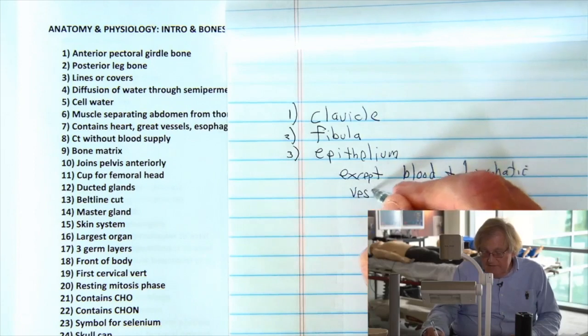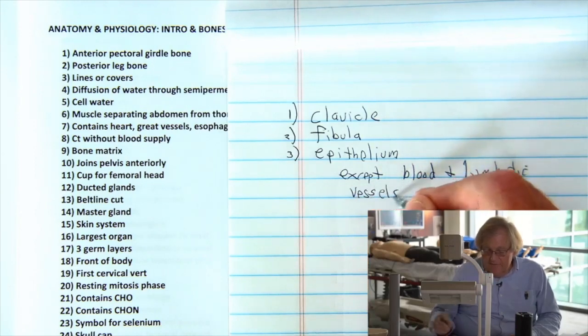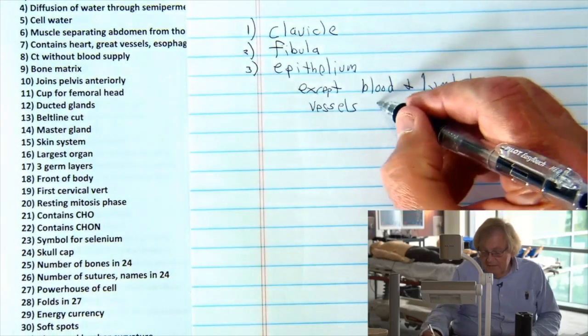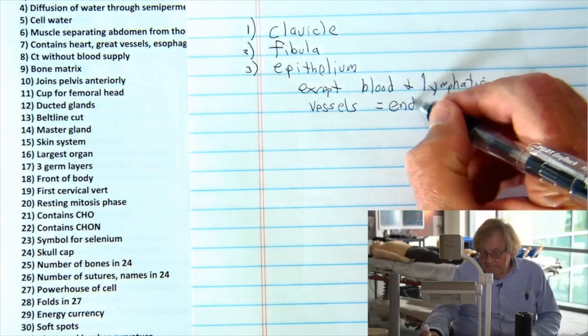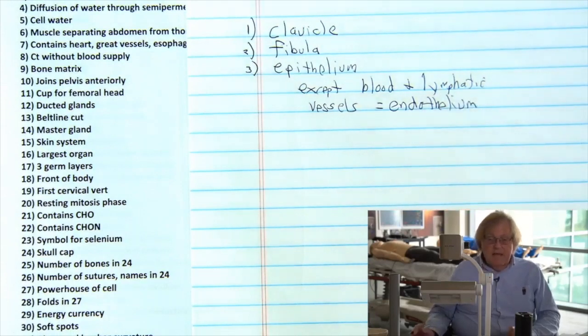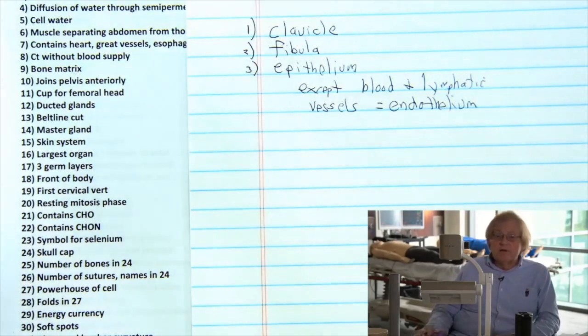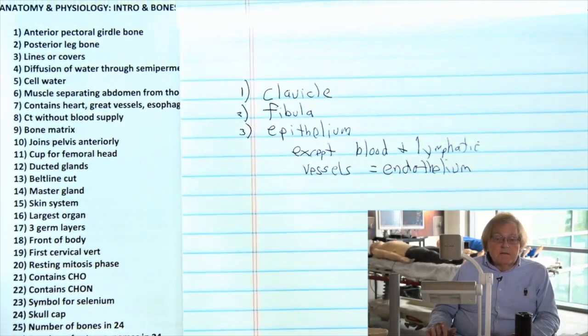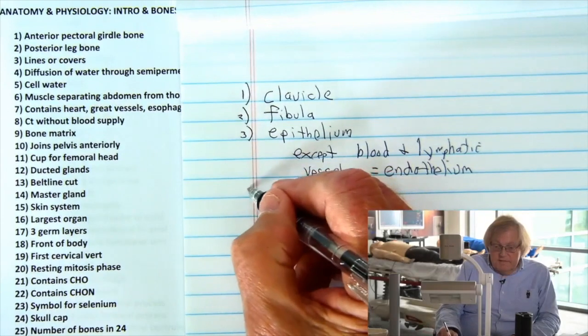Because in blood vessels and in lymphatic vessels, we're going to call an epithelium an endothelium. So just remember, an endothelium is an epithelium inside of a blood vessel or a lymphatic vessel.